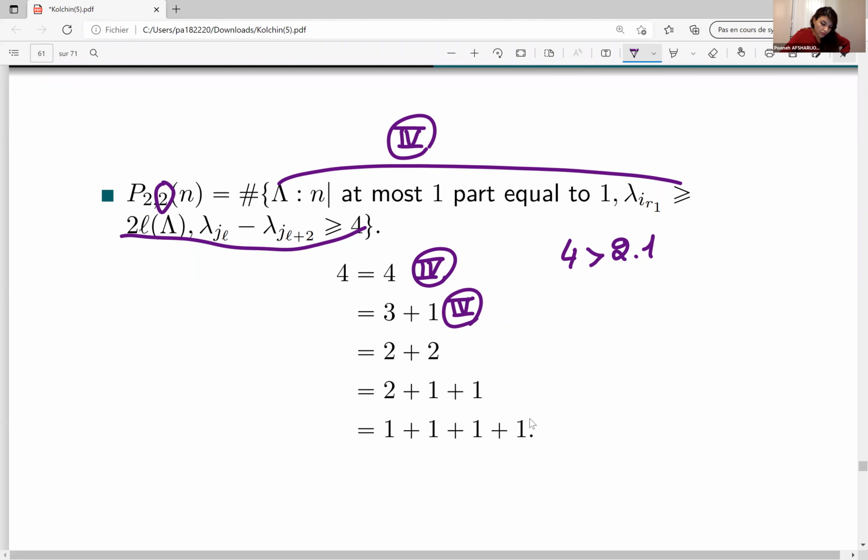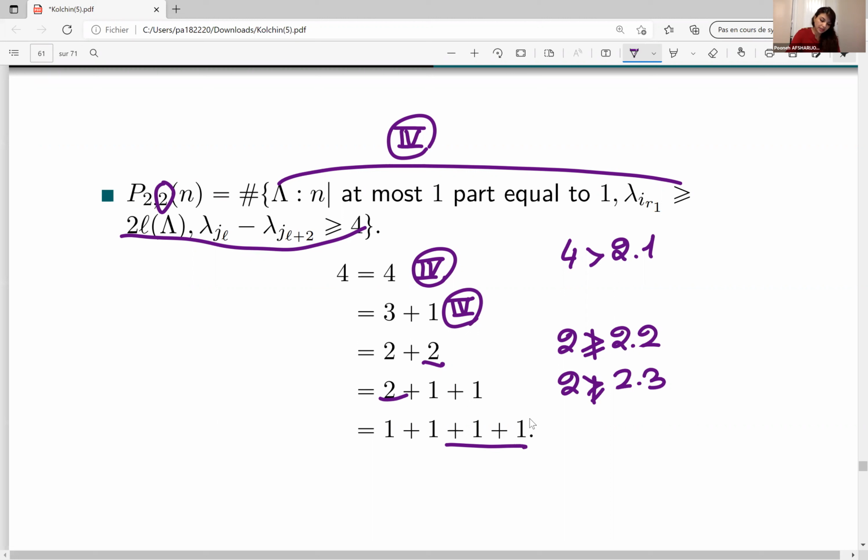In the next 2 partitions, we have 2 as the smallest even part, which is not greater than or equal to 2 times the length. And in the last one, we have more than one part equal to 1. So again, we have 2 partitions of type 4, and even if we fix the length of partitions, the theorem will still be true.